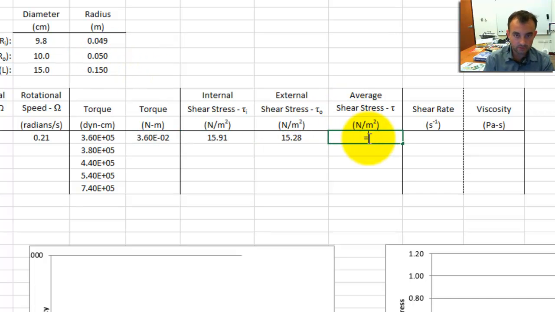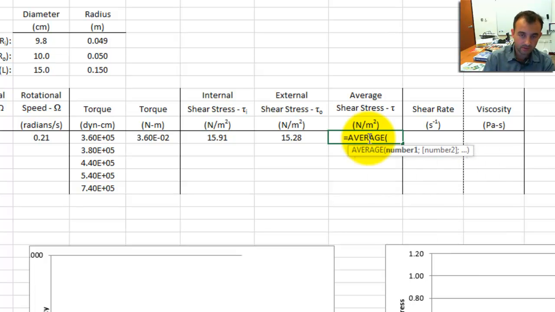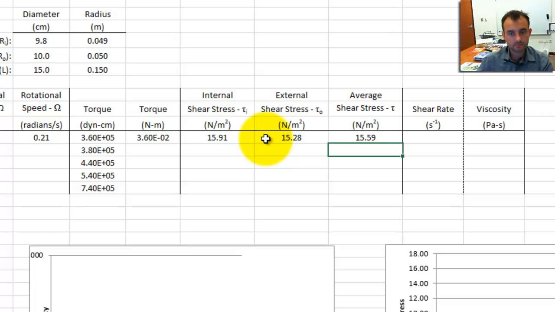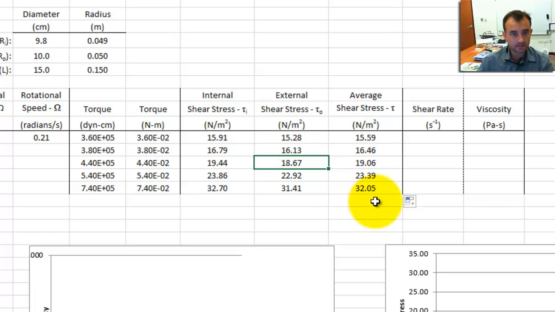The average of the two I can estimate in many ways. Let's use the average function. And here we are. Now I believe that everything is right, so I can drag it down to the rest. And so we have the average shear stress for each rotational speed.